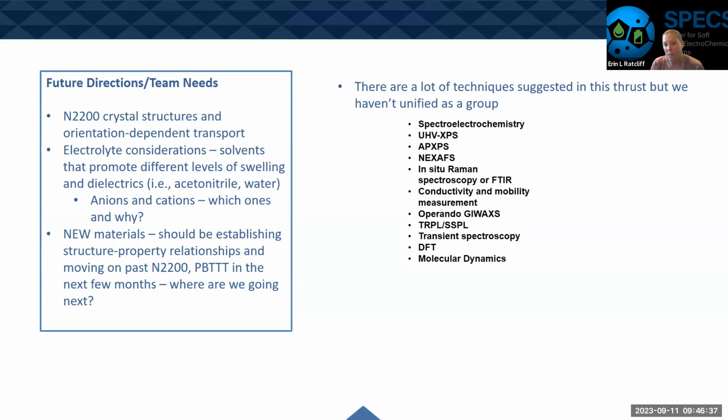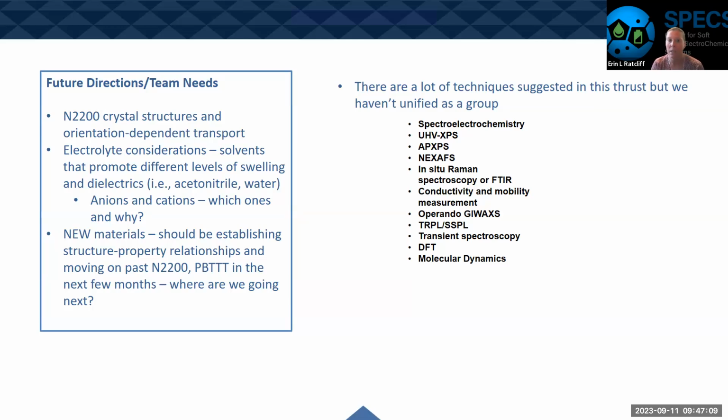The second thing is that in organic electronics, in my perspective, you can do some very nice technique development with well-established polymers, but it's harder and harder to do very high impact work on systems that have been around for 15 plus years. And N2200 is one of those. So to me, what we should do in the next few months is really take what we can from N2200.